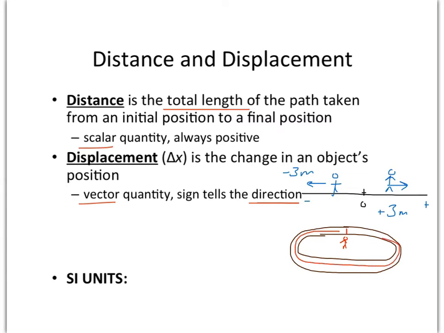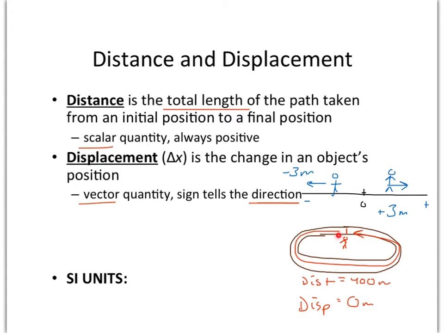So you might say their distance equals 400 meters. I believe that's a pretty standard track length. But if they start here and they end here, so their beginning position and their final position are the same, we can say their displacement is 0 meters. Because in that whole amount of time, they've really gone nowhere. They wound up in the same spot.